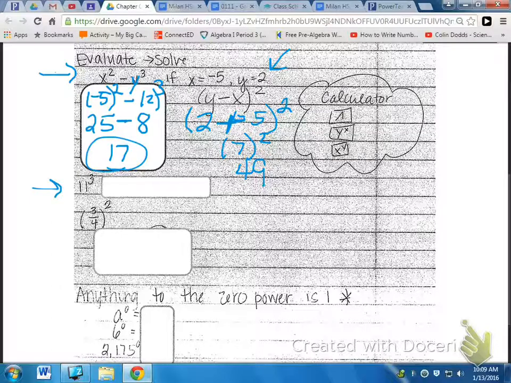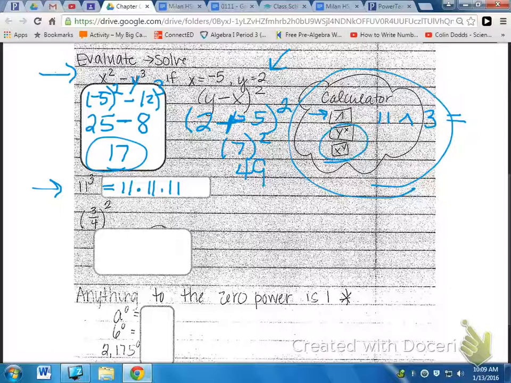We need to evaluate that. That means 11 times 11 times 11. That must be why I've got this calculator situation over here. There's 3 ways that you could get this done on your calculator. Some calculators have this little caret button, and if that's the case, you would put 11, hit the caret button, and a 3, and then equals, and it would give you the answer.